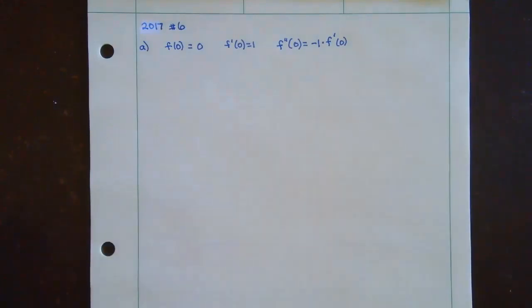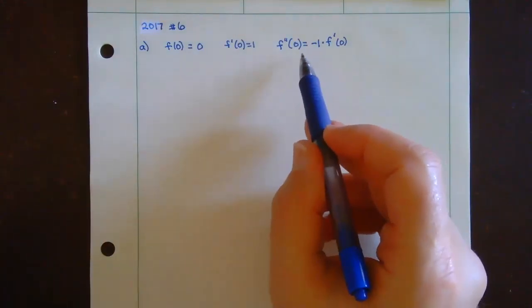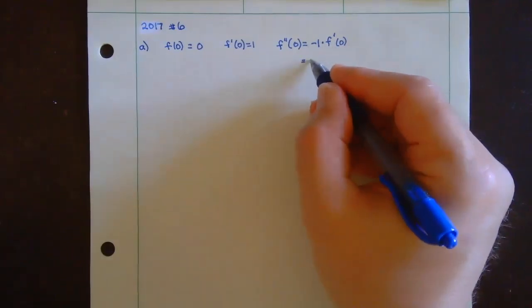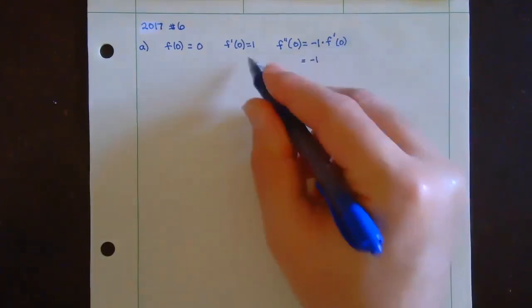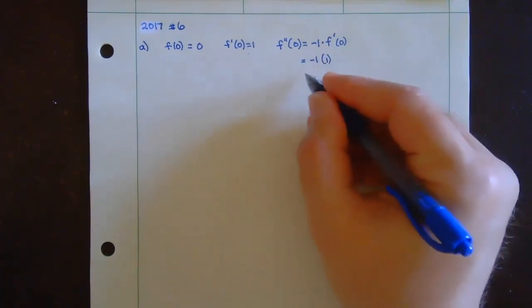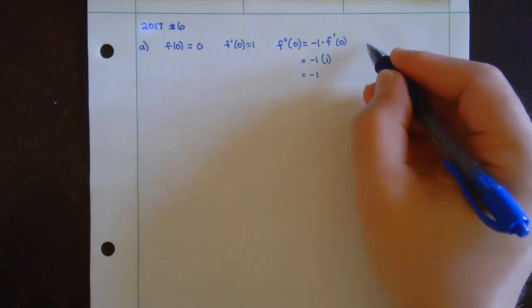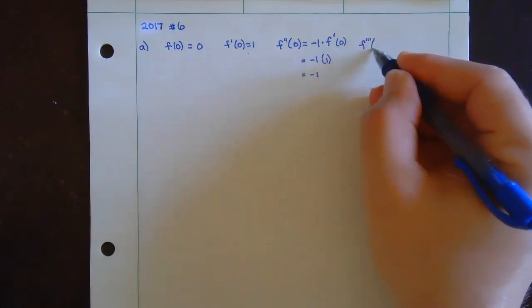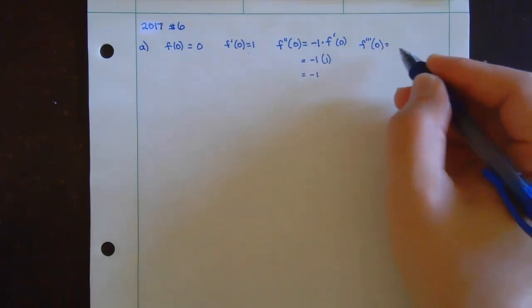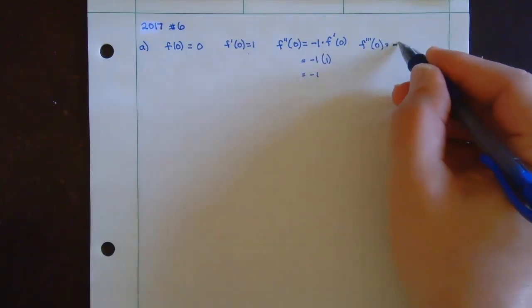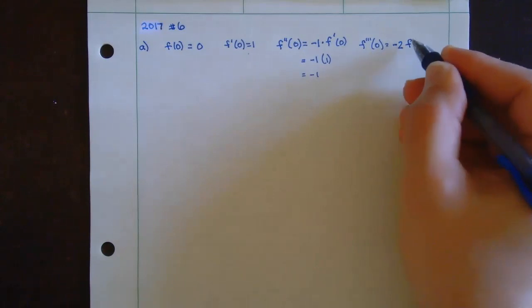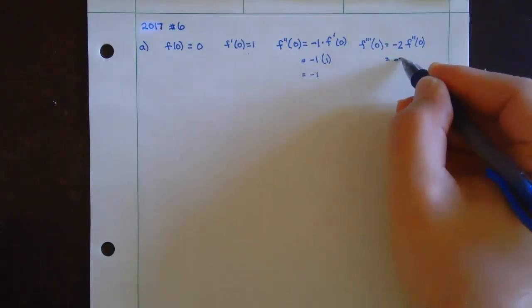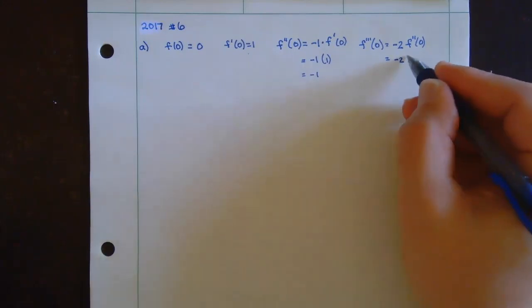So to figure out the next derivative, we're going to have to use the previous derivative, okay? So this is equal to -1, and then this is 1, which is -1, okay? And then we're going to have to do f triple prime at 0, okay? And this is negative n, so this is going to be -2 f double prime at 0. So that'd be -2 times, and we got over here -1.